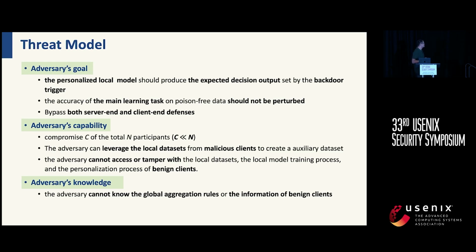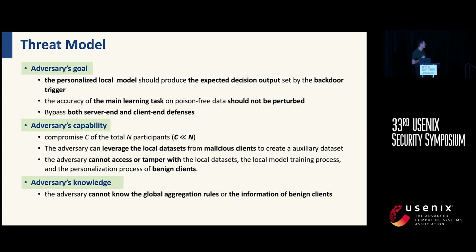The adversary's capability is that it can corrupt C of N participants, although C should be much less than N. The adversary can leverage the local data from the corrupted clients, meaning once the adversary corrupts the clients, they have free access to manipulate the data and the training process.